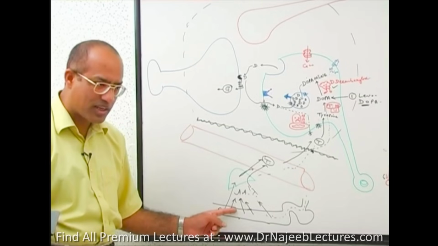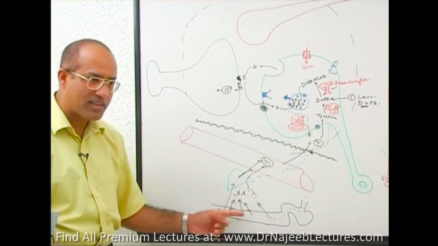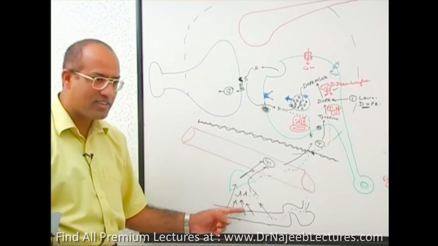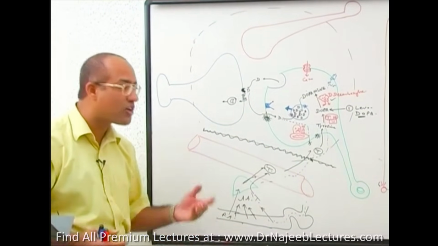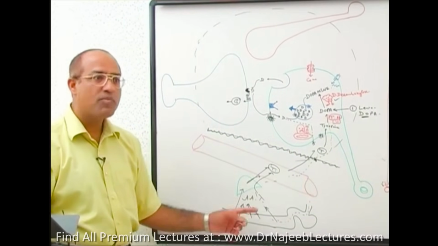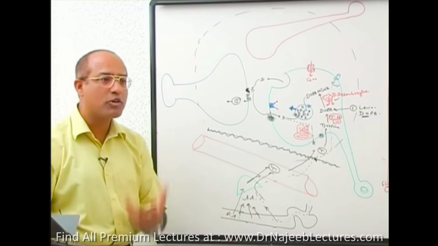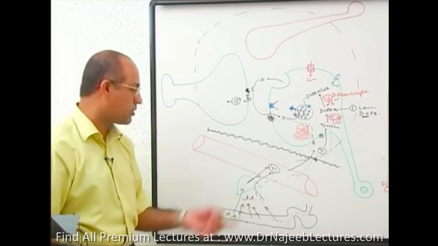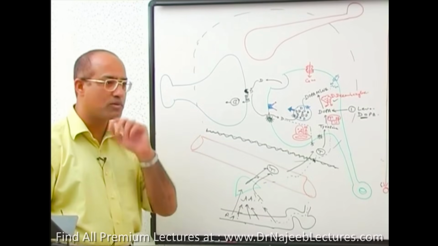The mucosal membrane is made of cells, and cells have a lipid bilayer. So the mucosal barrier is a lipid bilayer. Any substance which is highly charged cannot dissolve into lipid, and any substance which cannot dissolve into lipid cannot be orally absorbed. So epinephrine, norepinephrine, serotonin, histamine, dopamine, as a group, are all highly charged molecules, so they cannot be absorbed from the GIT. That is why I don't give them orally.